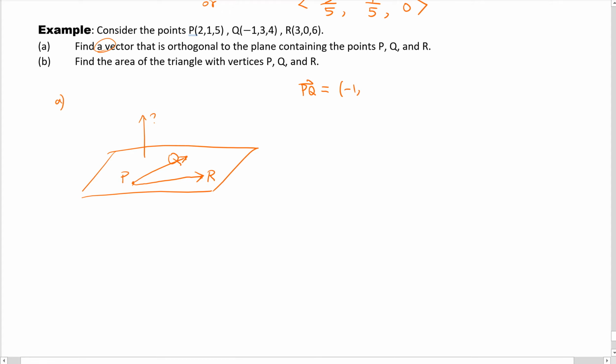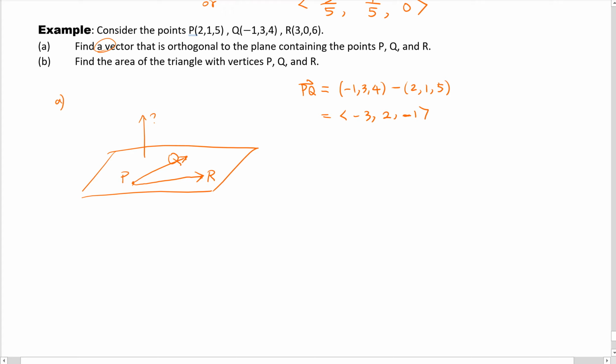Use Q minus P. So Q is minus 1 minus 2, which is minus 3. 3 minus 1 is 2. 4 minus 5 is minus 1. Is that okay, everybody? Do you need me to write down the details, or are you fine with that?